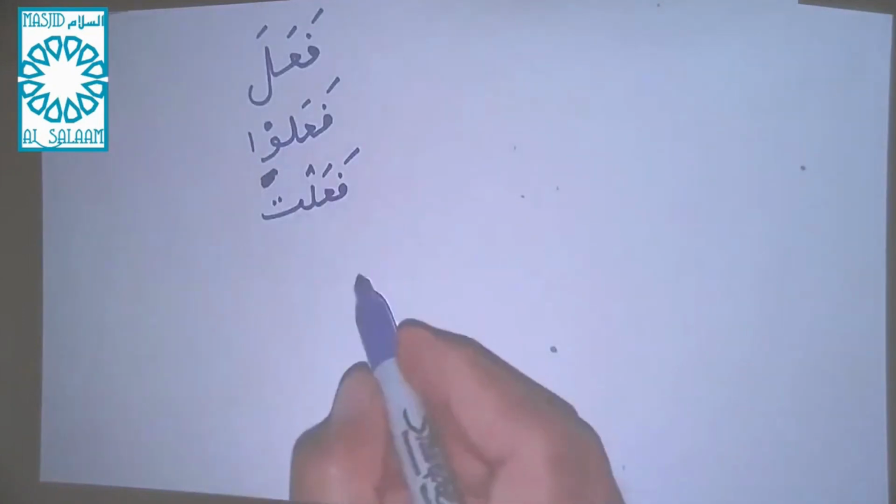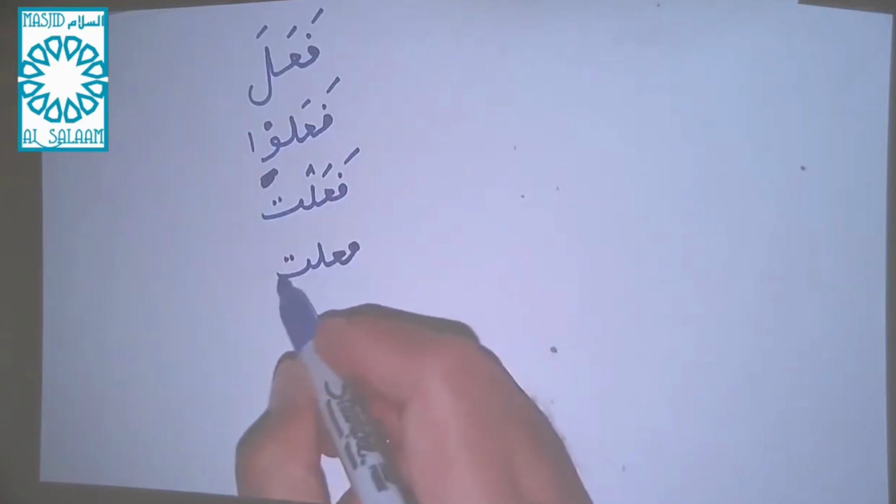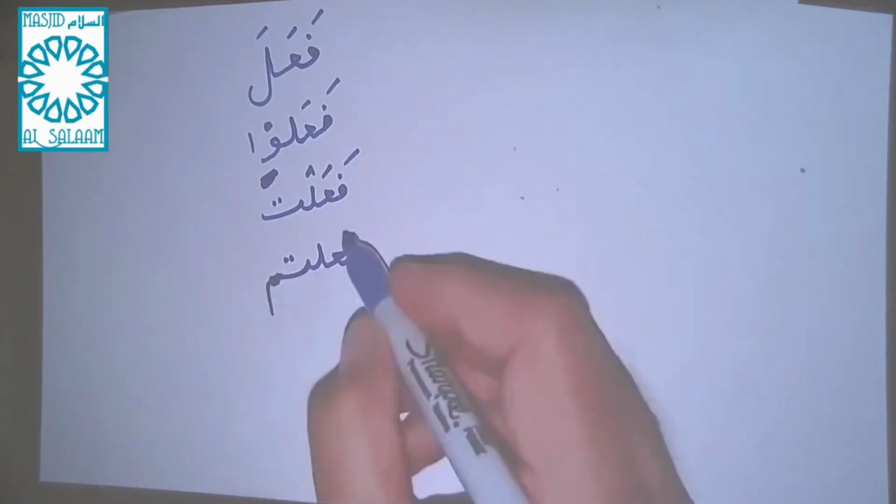When we say yaf'al, the prefix ya was huwa, but that's mudare. I gave an example of a prefix and a suffix. Since we are only learning Madi right now, I don't want you to think about future at the moment. So let's stick with it.